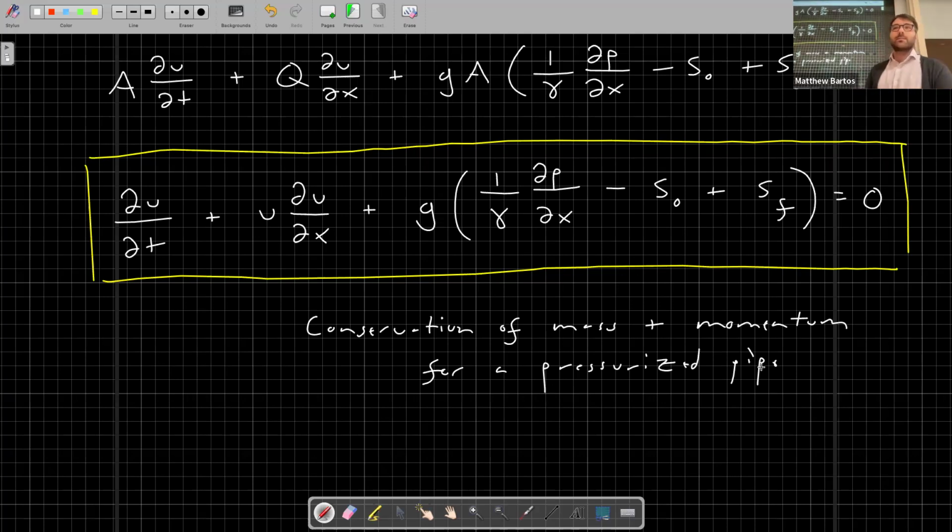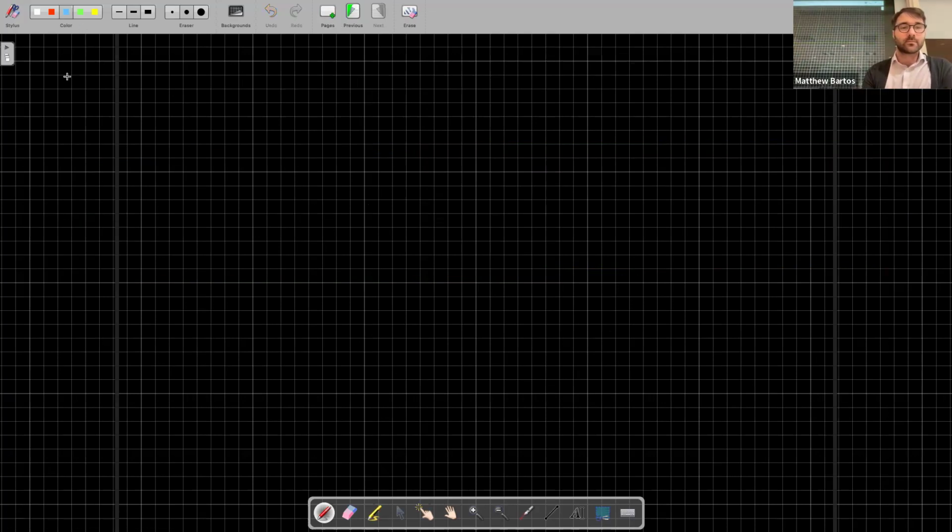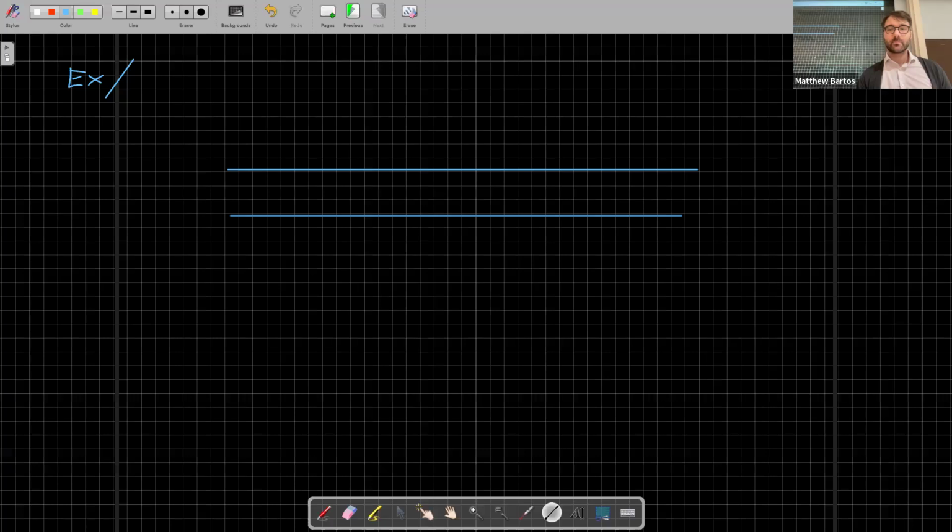Okay, let's go ahead and apply conservation of momentum to an example problem. Let's say we have a pipe. It's a horizontal pipe. It has a constant diameter of 6 inches.